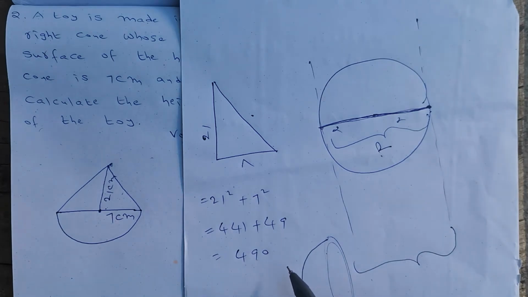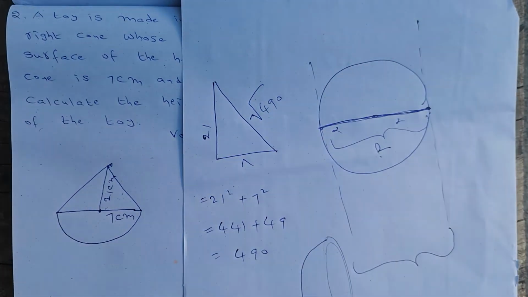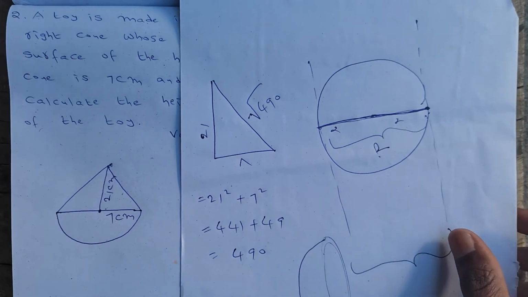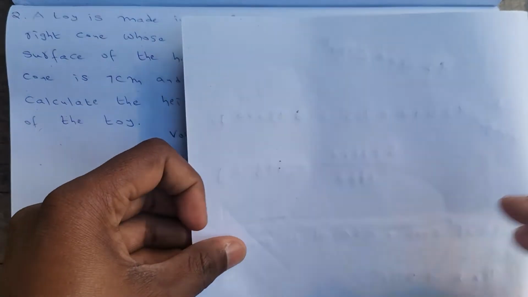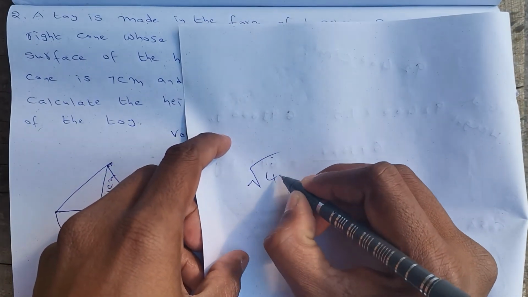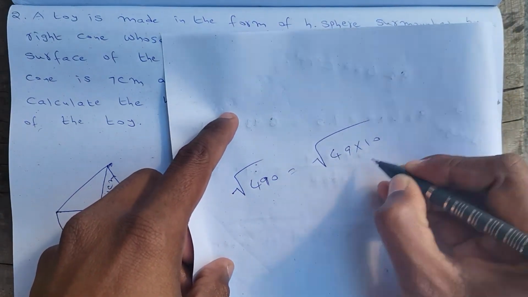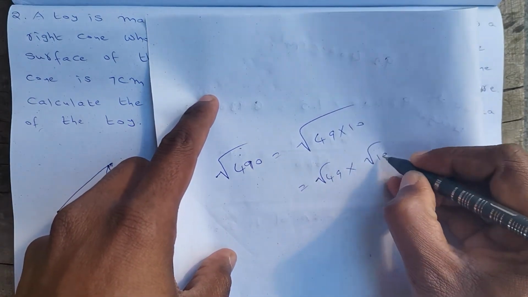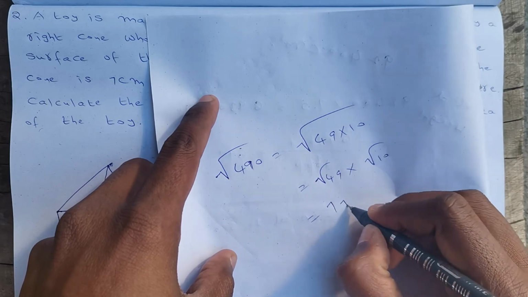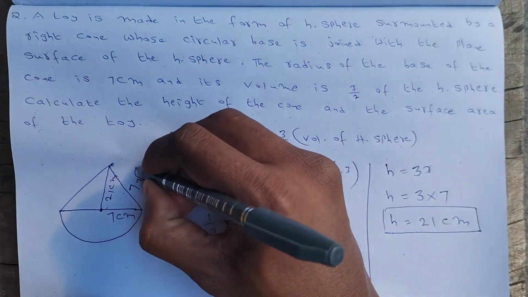Then hypotenuse is under root 490. Here root 490 is not a perfect square, so we simply keep it like that, root 490. So we got the slant height as root 490, right? Root 490 can be written as under root 49 into 10, which is equal to root 49 into root 10. Root 49 is nothing but 7. So 7 times root 10. So the slant height is 7 times root 10.